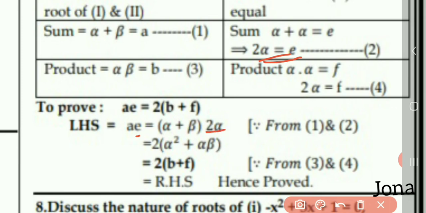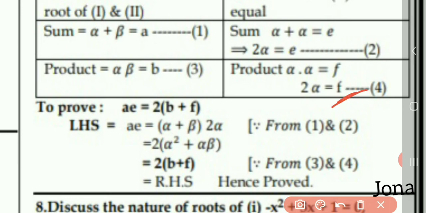Multiplying, we get 2 into alpha square plus alpha beta, taking 2 as a common factor.